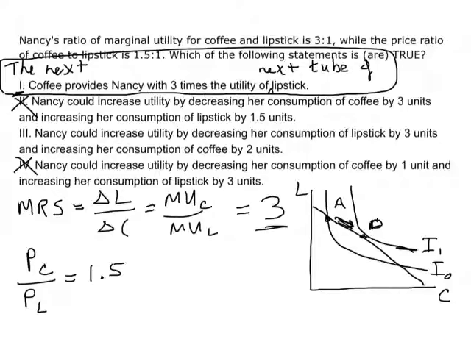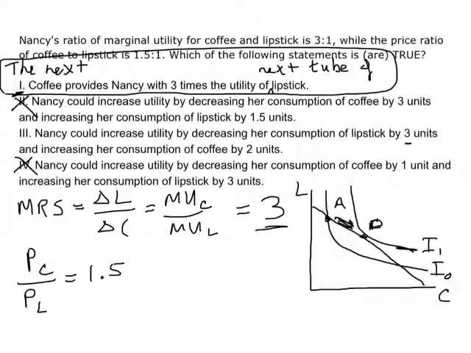Again, let's just assume that 3 to 1 ratio holds. So if she loses 3 units of lipstick, let's say she loses one util per lipstick, so she'd be down 3 utils.